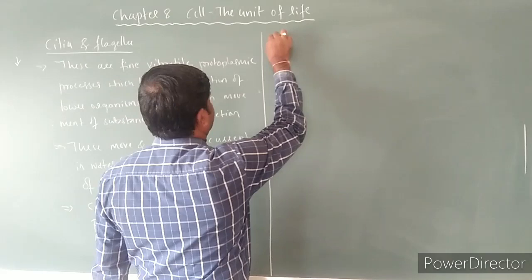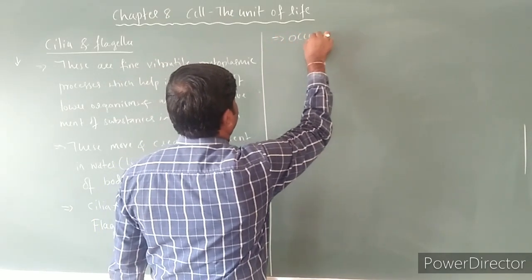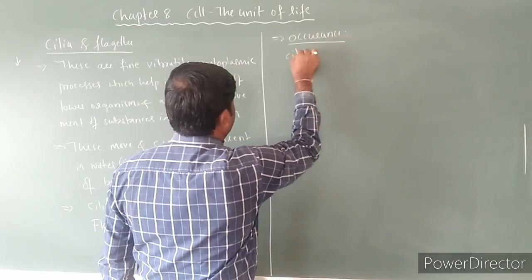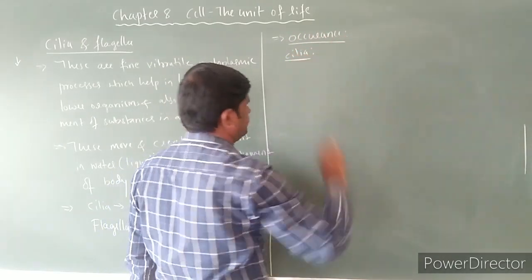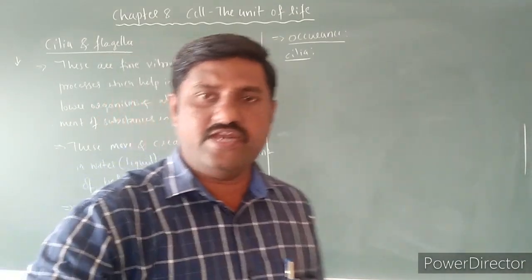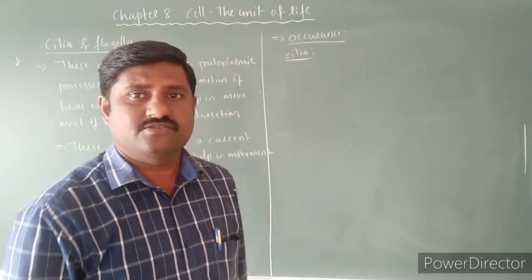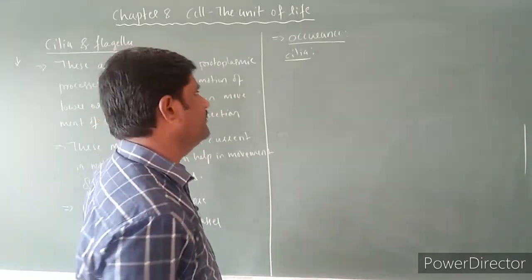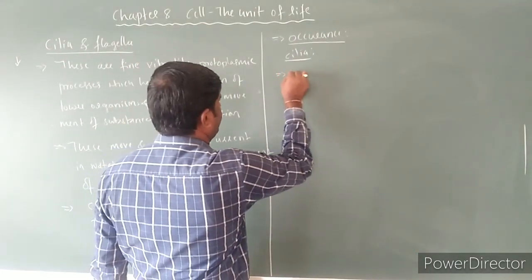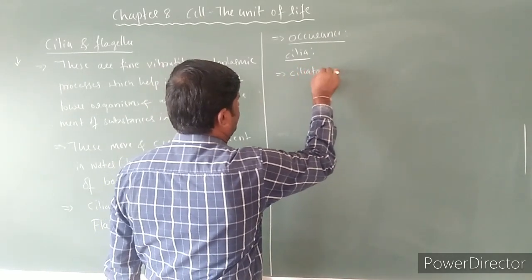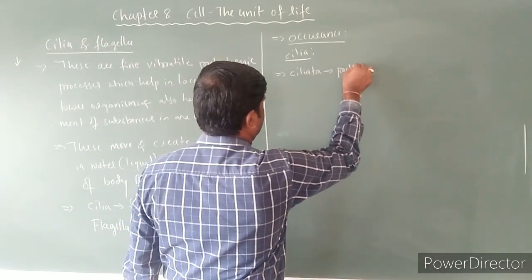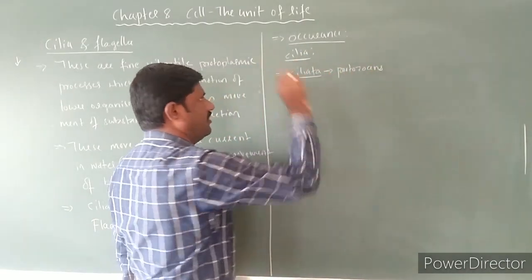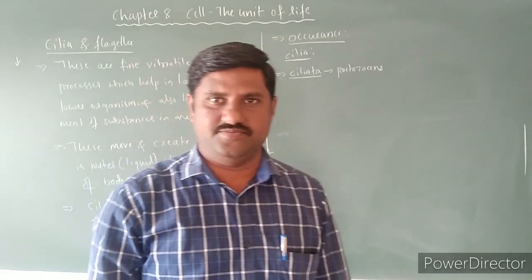So next one, occurrence of cilia, first of all we'll write. Okay, so where do you find these cilia? Already you know in the protozoans, ciliata is one of the groups that we come across. So in the ciliata group of protozoans, cilia are the locomotory organs in these organisms.